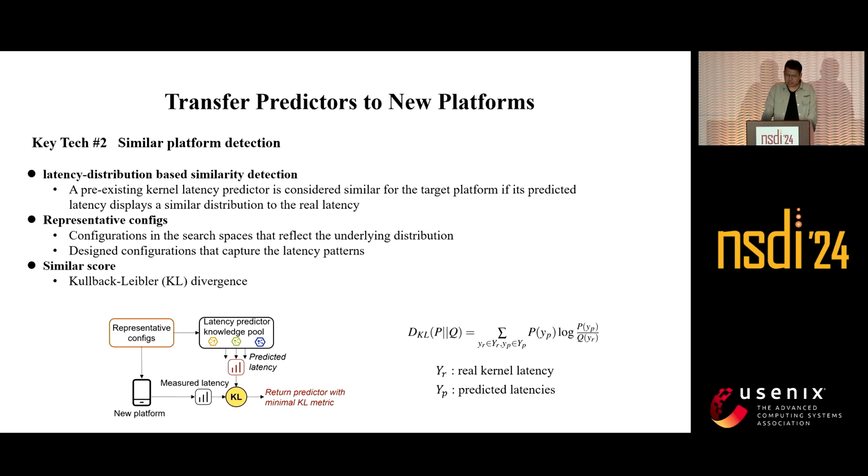We perform this detection for major kernels of DNN models, such as conv-2D and depthwise conv-2D operators. Then, we just fine-tune these selected predictors using the data sampled by the VAE model, updating their weights to improve accuracy on the new platform.